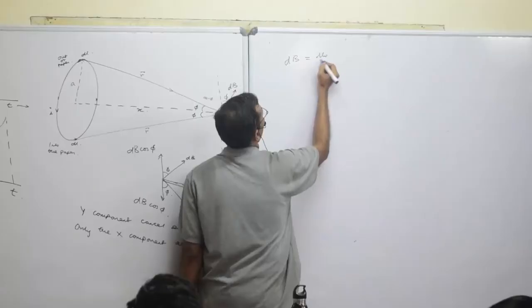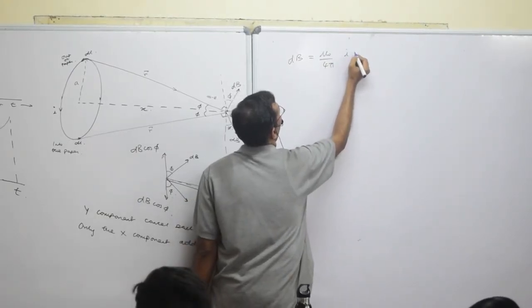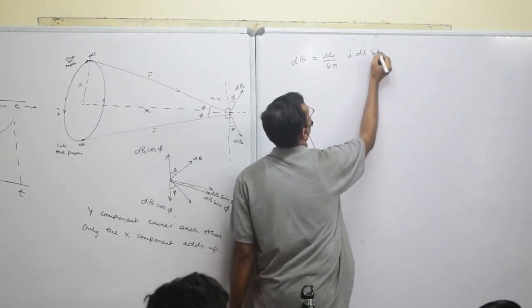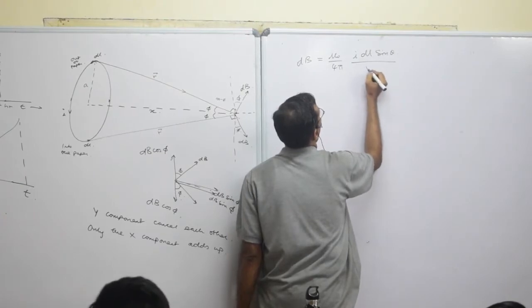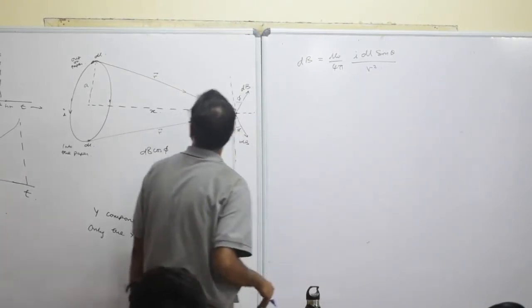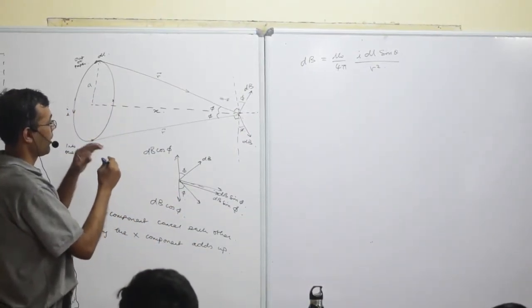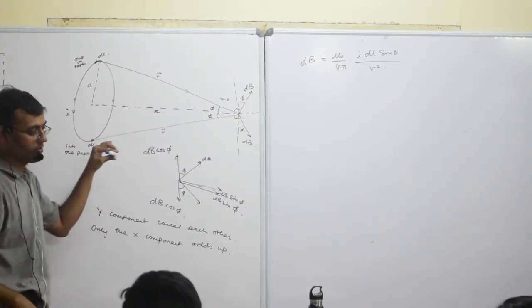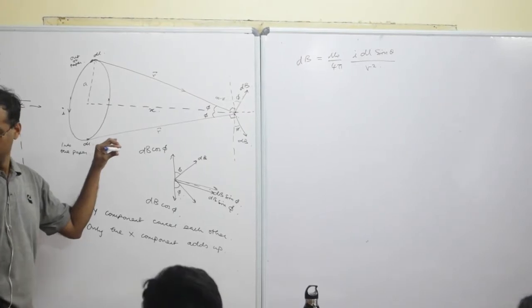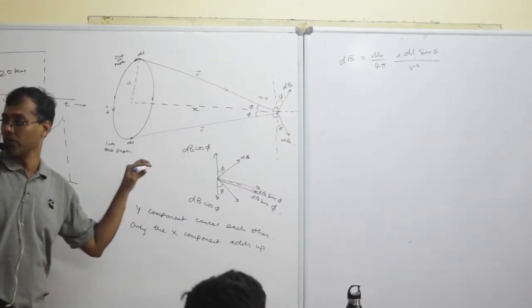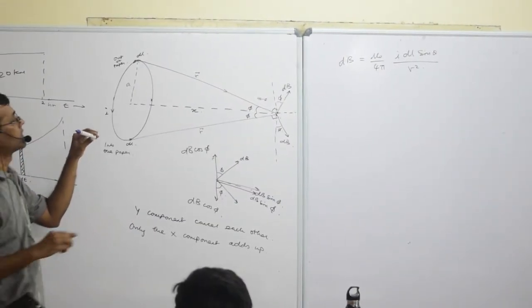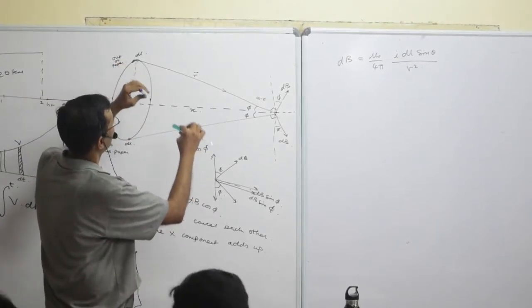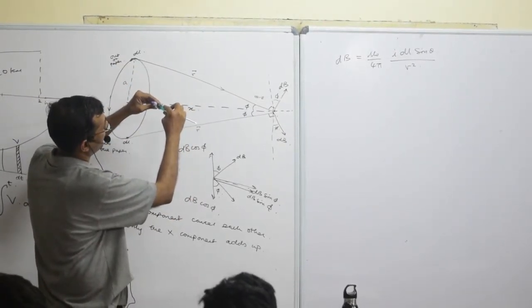Okay. Mu naught by 4 pi I dl sin theta by r squared. So dl is this way, r is somewhere this way. So try to imagine this. As I said, only this 3D thing is very, very confusing. Okay. So if you have that idea, you will understand this very well. So dl is this way and the r is this way, right?